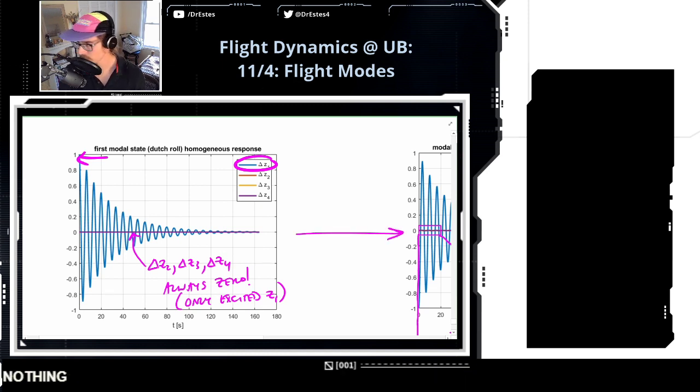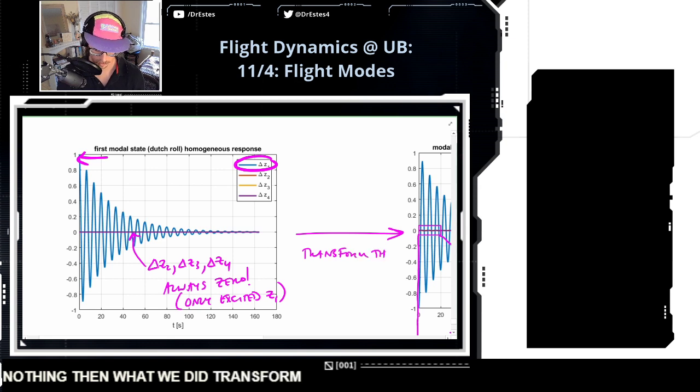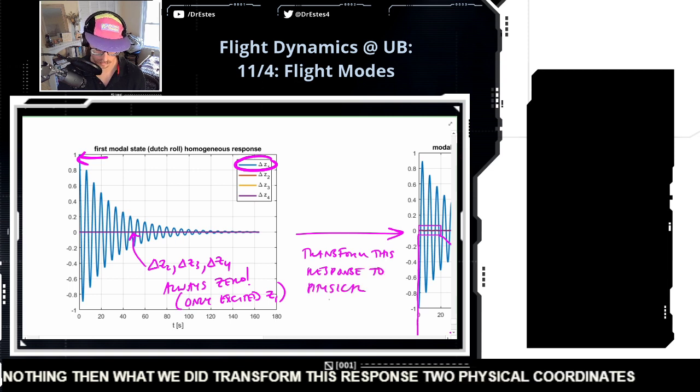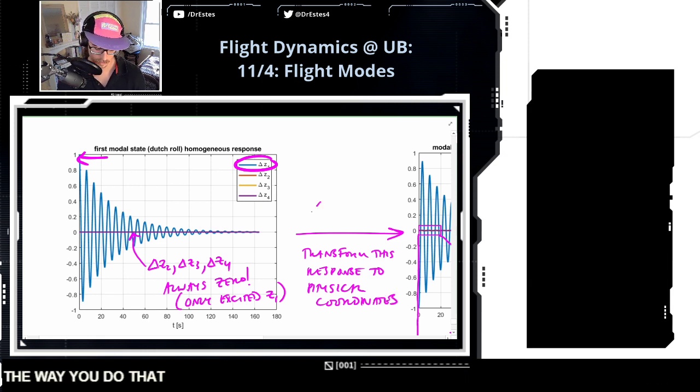Then what we did, transform this response to physical coordinates. Now the way you do that, over here we have our delta Z vector.